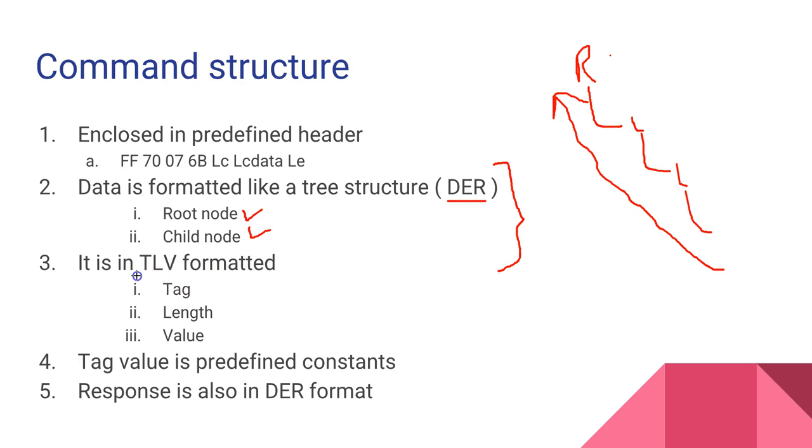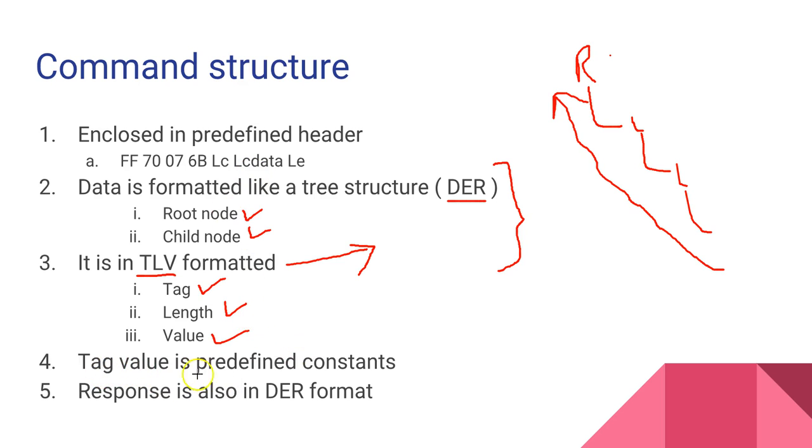And you will come across this terminology called TLV. If you start reading documentation on NDEF structure, this TLV is very much used there. The TLV format is nothing but there is a tag, there is a length, and there is the value of the data. So this is the structure of the LC data you have to use.